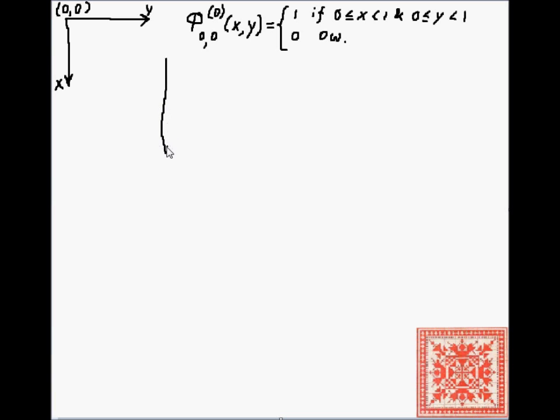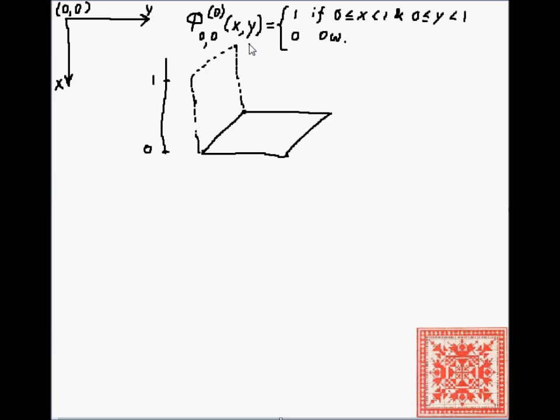If you think about a two-dimensional plane, and this is our third dimension, the value of this function goes from 0 to 1, and it is basically defined to be 1 in this square that starts at 0, 0, and 0 everywhere else.